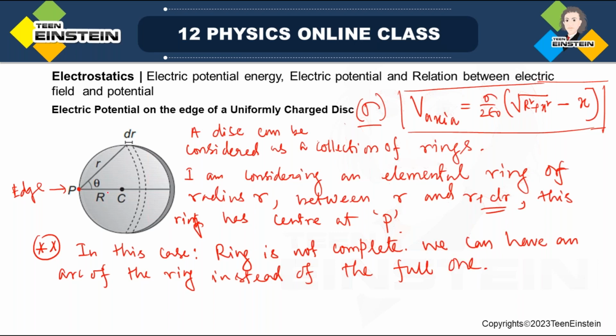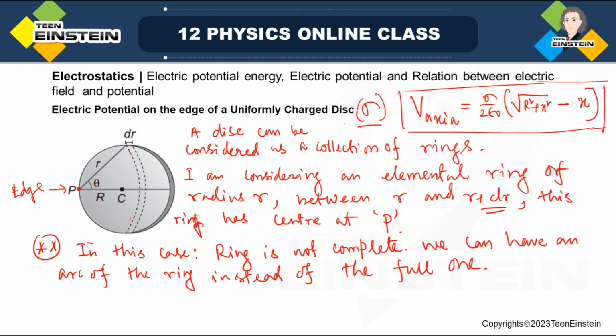Because I have considered the ring in that way, since if I take this as center, then half of the part is somewhere outside the disk, so don't bother about that point. What I wanted to say is that the ring is not complete, so it is kind of an arc. So I'm just getting an arc like this, okay, this is an arc. So by the way, I'm just taking this angle theta. What is this angle?